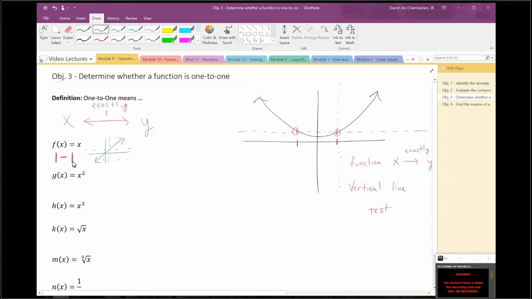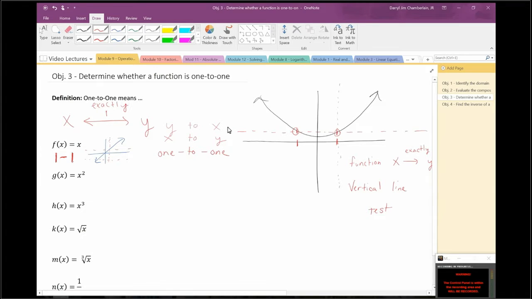And we normally write that as 1-1, sometimes we'll write it out as one-to-one. But it's the idea that one x to one y and vice versa.